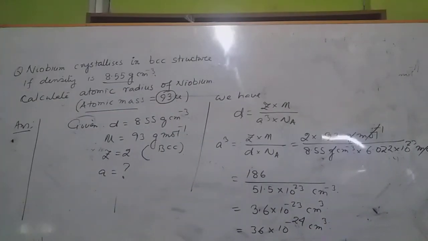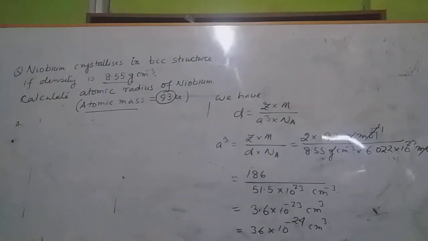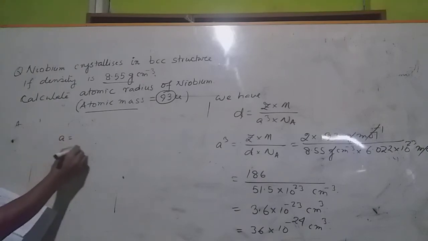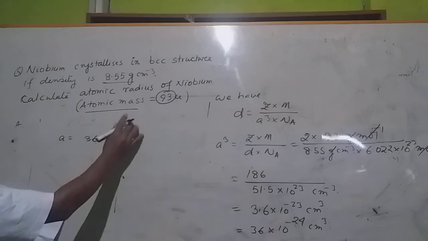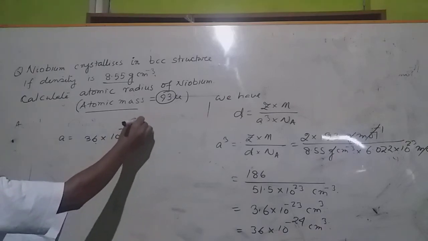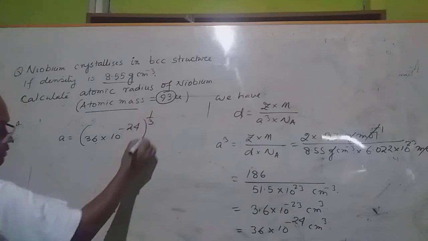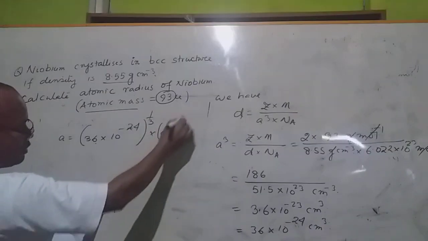Now, what we are going to find out is the a. So when we do the calculation, a cube means a is equal to 36 into 10 to the power minus 24, to the power 1 by 3. And the centimeter cube also will be to the power 1 by 3.